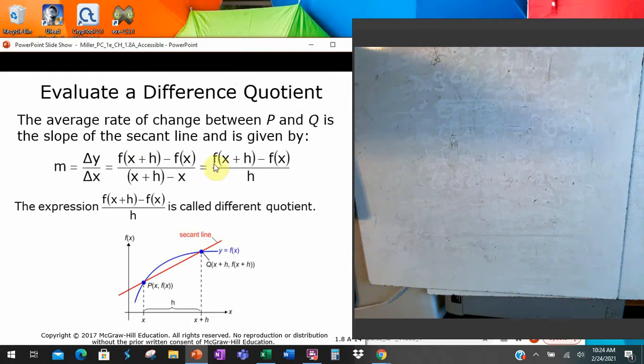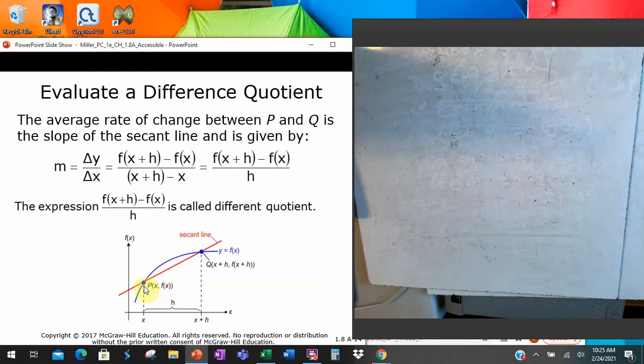I'm going to do the difference quotient, right? So it is the delta y over delta x, the rise over the run. But what I'm going to do is represent everything in terms of 1 point instead of 2 points. My second point is I'm going to add a little bit to the x, and I'm going to keep this as a parameter.